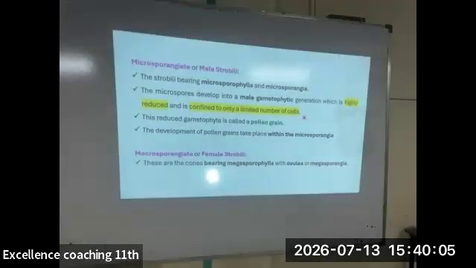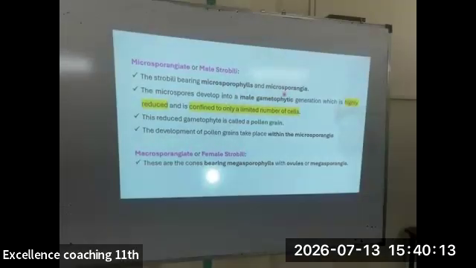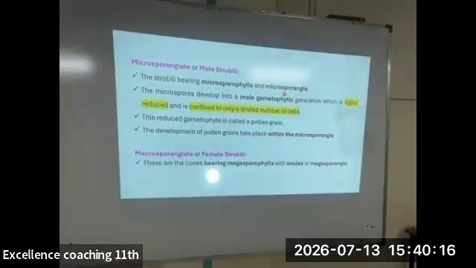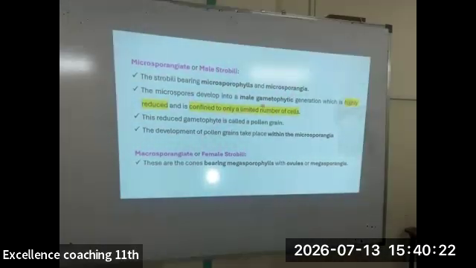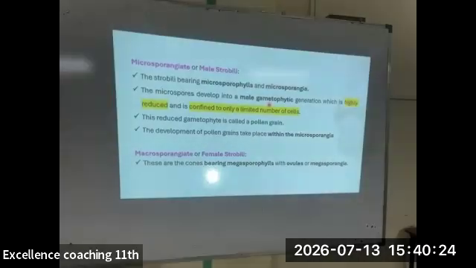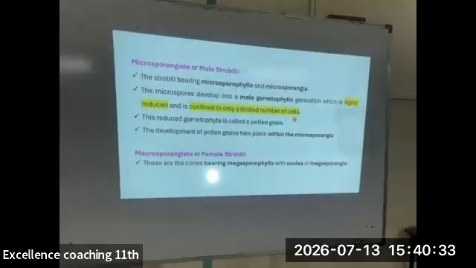Then, the male strobilus, or microsporangiate. Its characters: the strobilus here consists of microsporophylls and microsporangia. This will develop into the male gametophyte, which is highly reduced and confined to a limited number of cells. They are very limited in number.